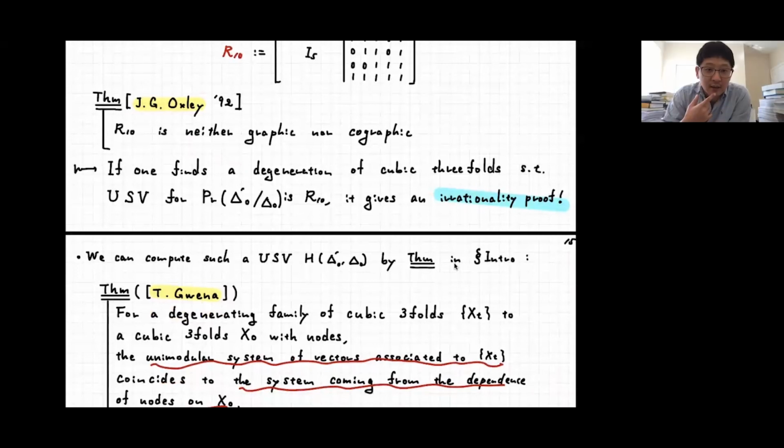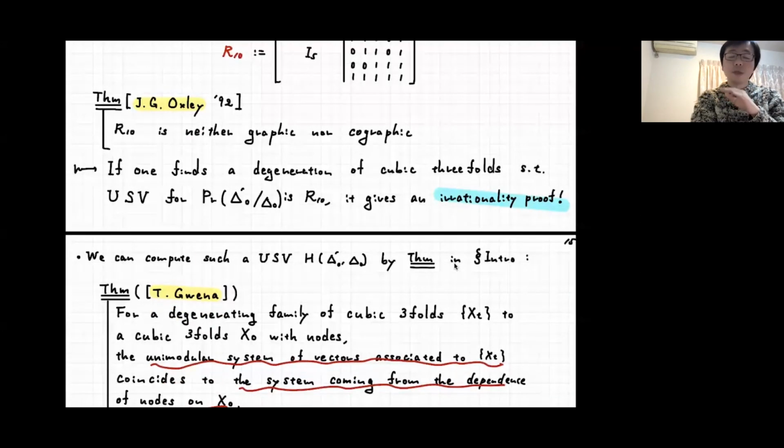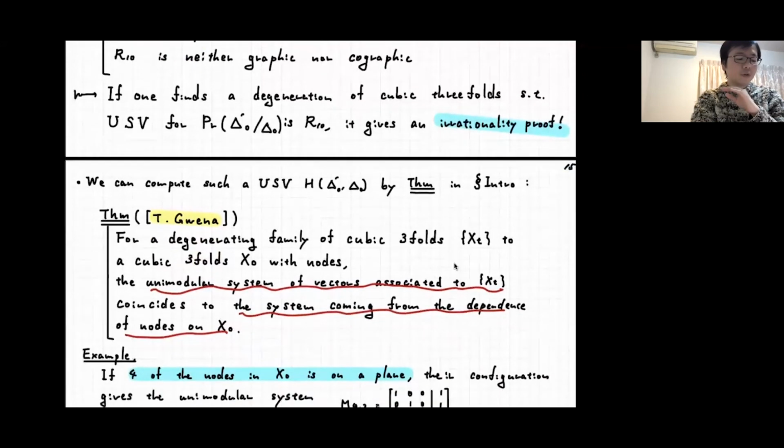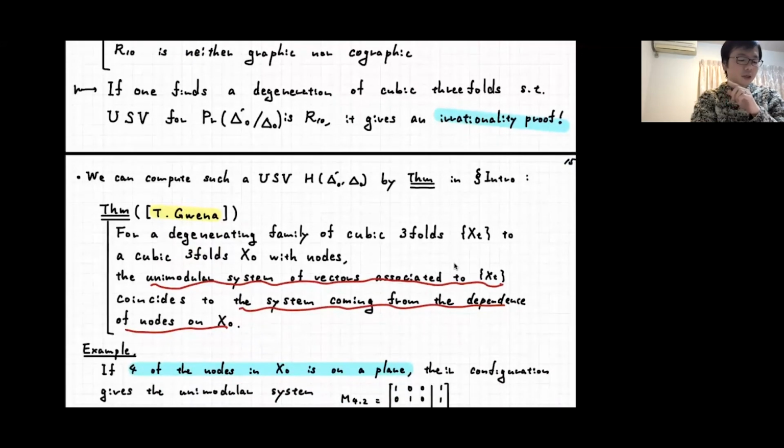So in any case of such multiple nodal cubic threefolds, the unimodular system has been determined. And case by case, Gwena checks that each unimodular system is given by just a configuration of the nodes.